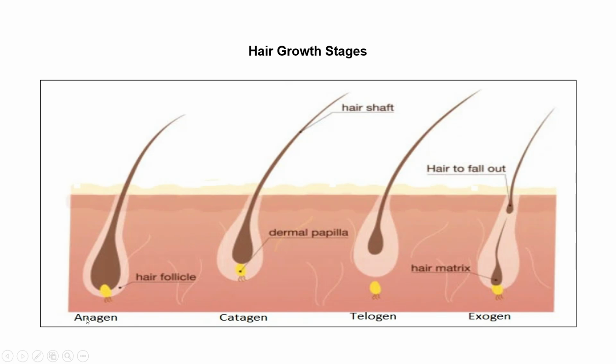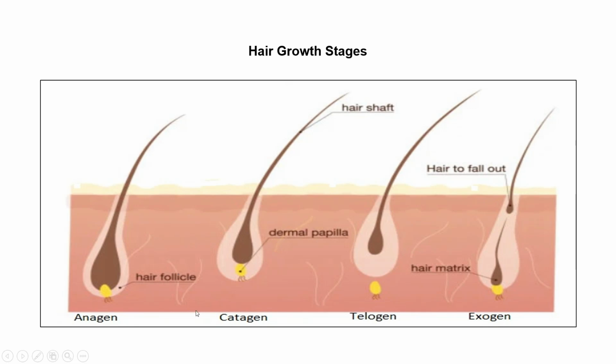For healthy hair it takes 2 to 7 years, and it remains in this stage. After that, when the hair is damaged, it comes into the regression stage, the catagen phase, which remains for 2 to 3 weeks.